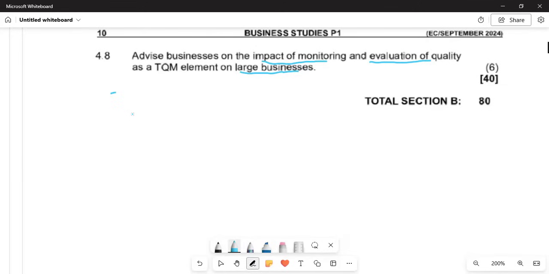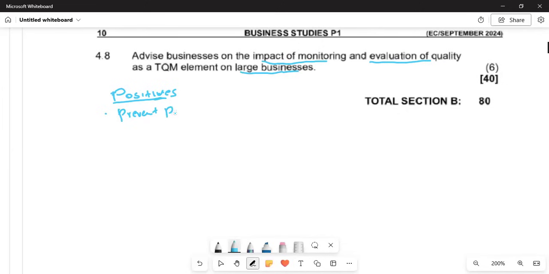So we are first going to start with the positives, as when you are talking about impact, you're talking about positives as well as negatives, advantages and disadvantages.